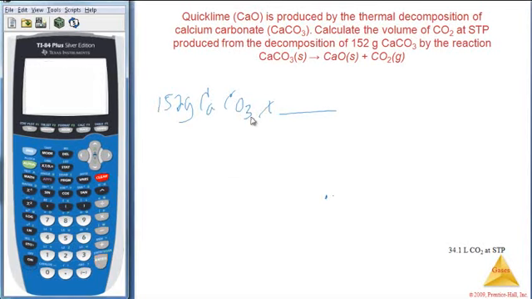So 3 oxygens is going to be 48, plus 12.01 for carbon, plus calcium is 40.08.